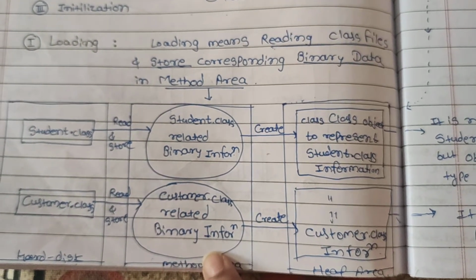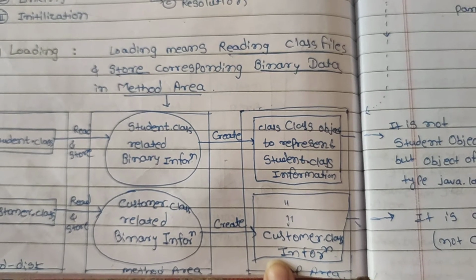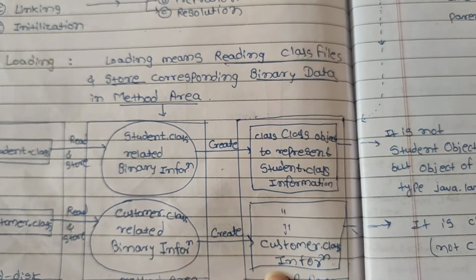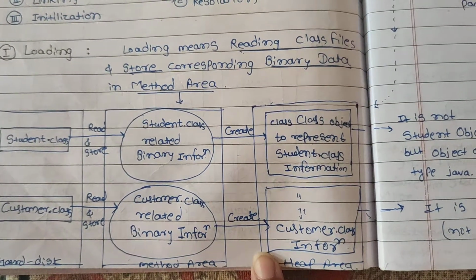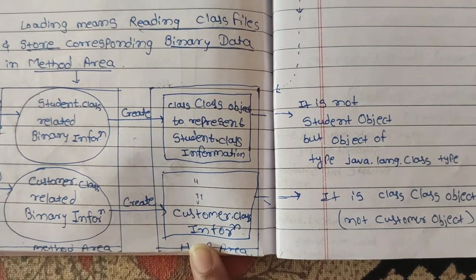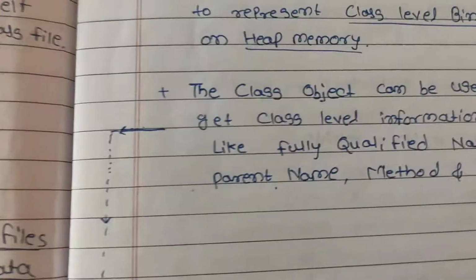Immediately the class loader subsystem will create a .class object of type Class related to this .class file in the heap area. So we'll see what this Class object is and why we use it.